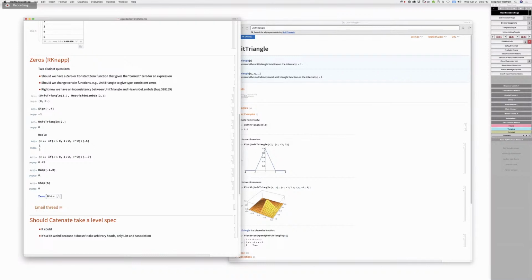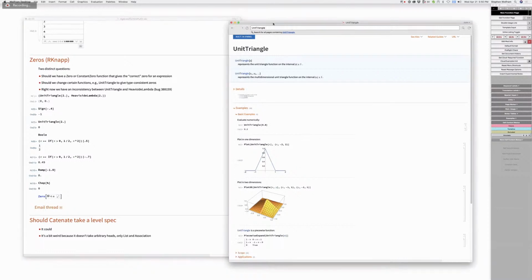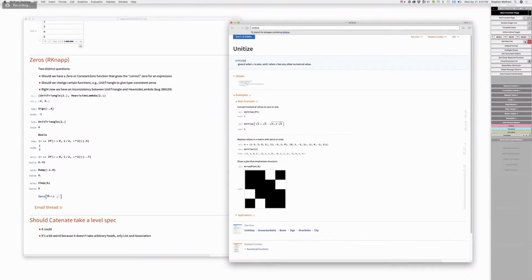Okay, so what does unitized do? Unitized is essentially the inverse of the bool you were talking about. It either makes a 1 or a 0.